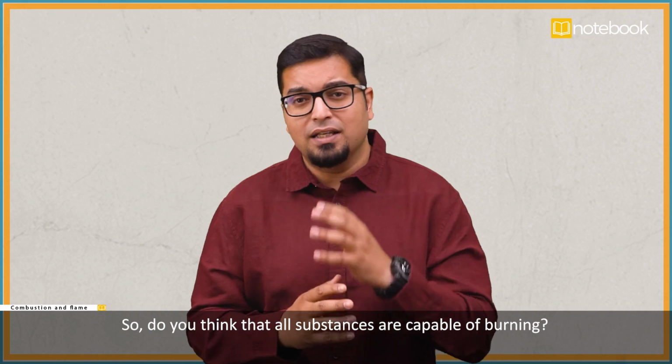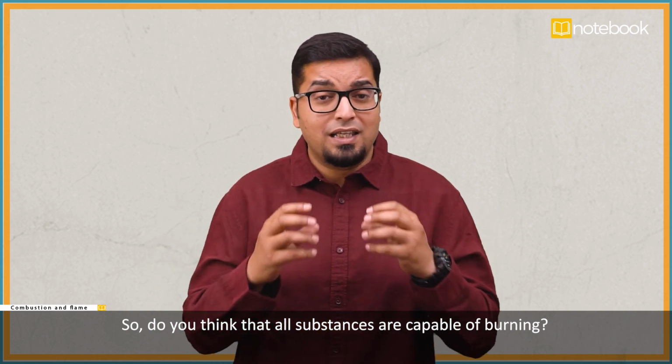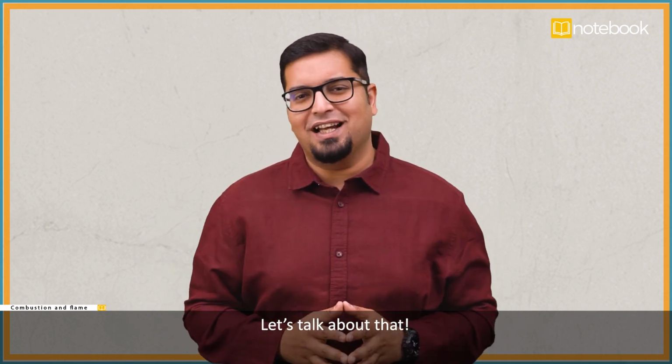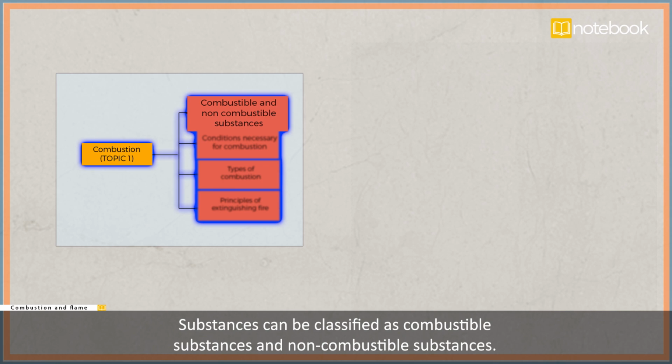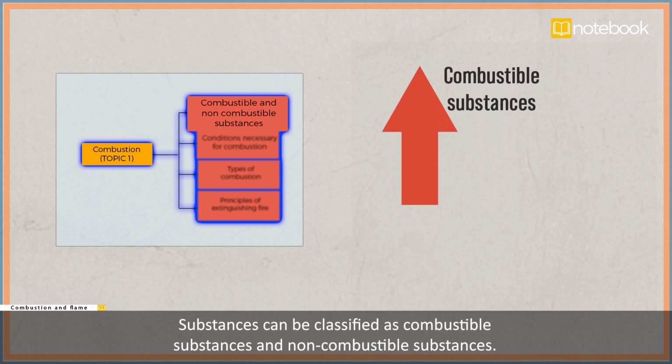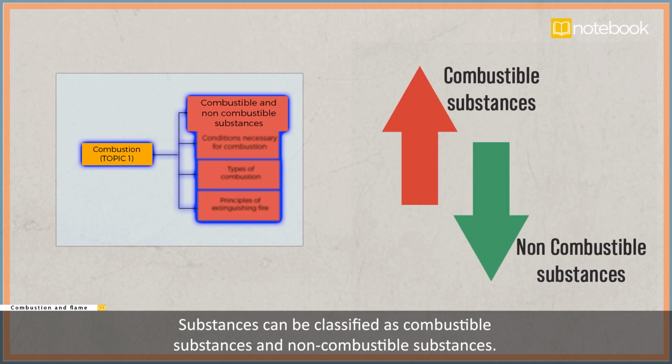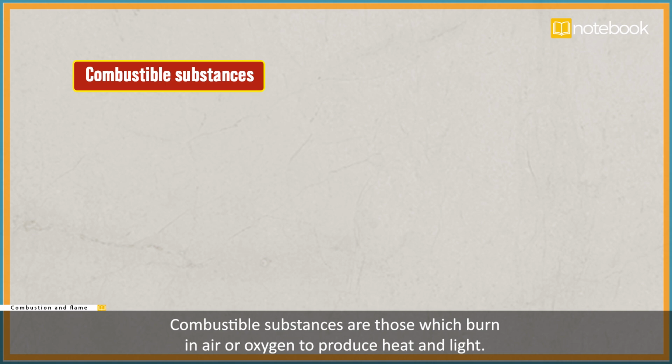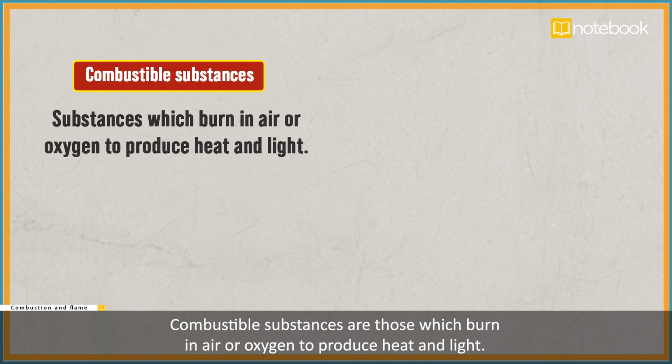So, do you think that all substances are capable of burning? Let's talk about that. Substances can be classified as combustible substances and non-combustible substances. Combustible substances are those which burn in air or oxygen to produce heat and light.